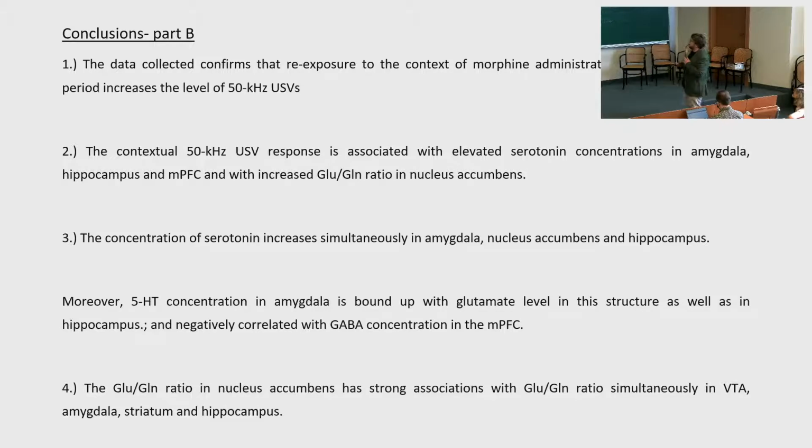The concentration of serotonin increases simultaneously in the amygdala, nucleus accumbens, and hippocampus, and moreover, serotonin concentration in the amygdala is bound up with glutamate level in the structure, as well as in the hippocampus, and negatively correlated with GABA concentration in the medial prefrontal cortex.